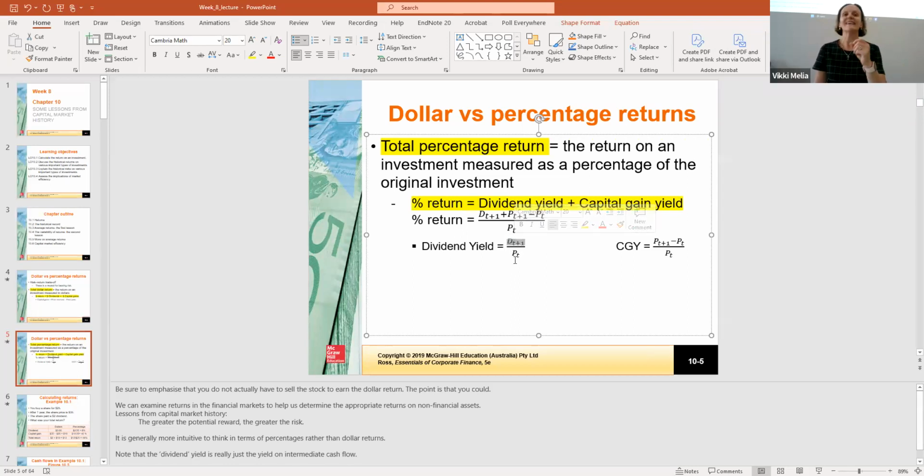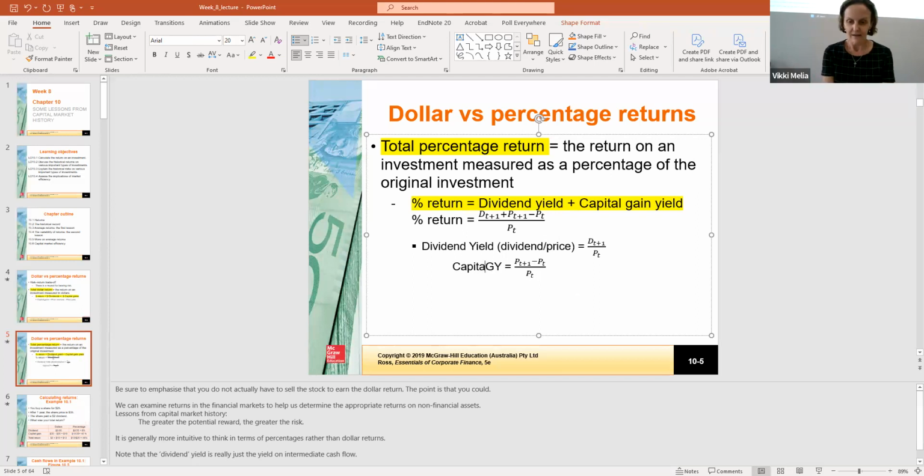So if t is 0, then that's saying the dividend yield is D1 over P0. The dividend over the price is the dividend yield. Dividend divided by price is how we're expressing that dividend yield.